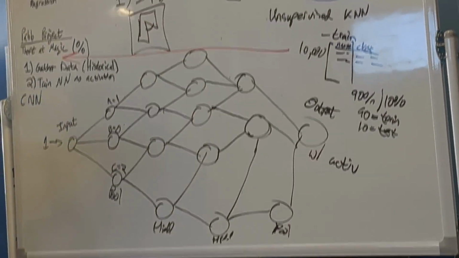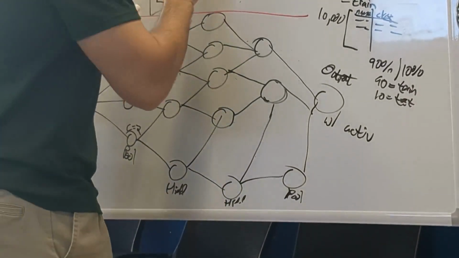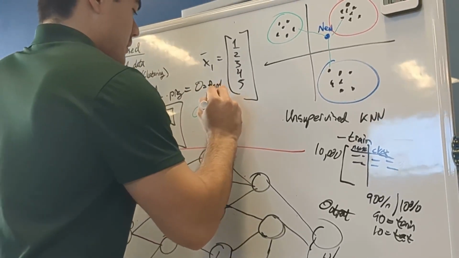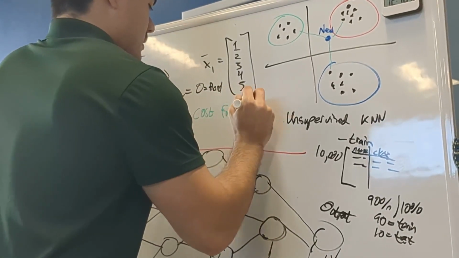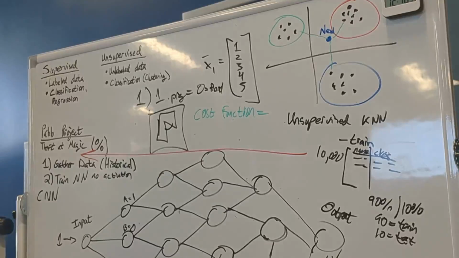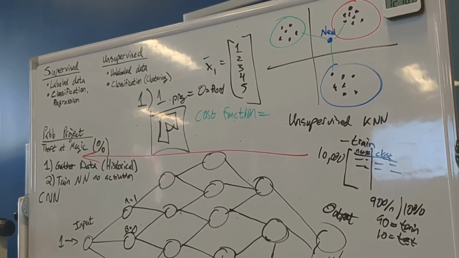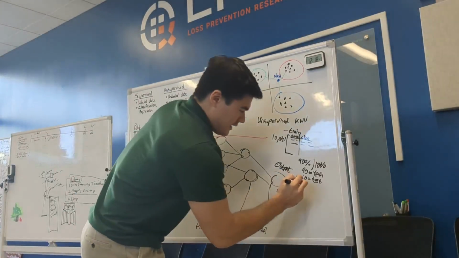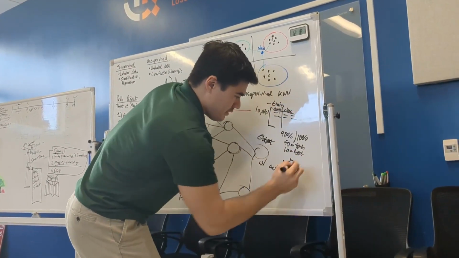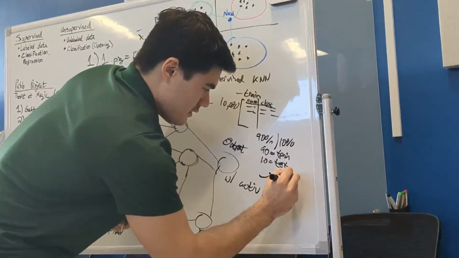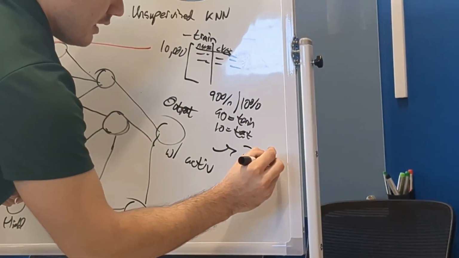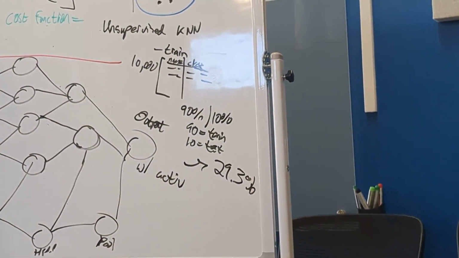We have something called the cost function. And this is going to be telling us how accurate our model is, okay? So at the end here, we have an error. We have maybe like 29.3% error or something, okay?